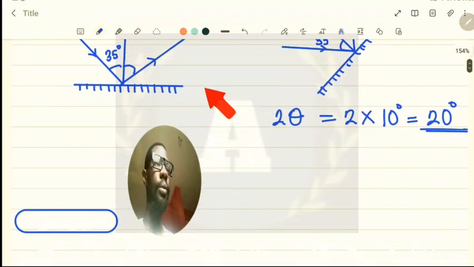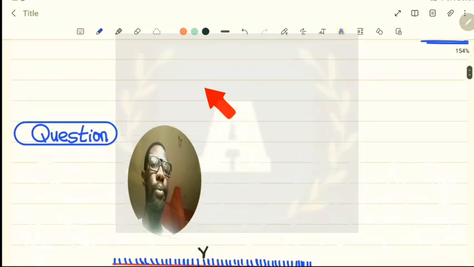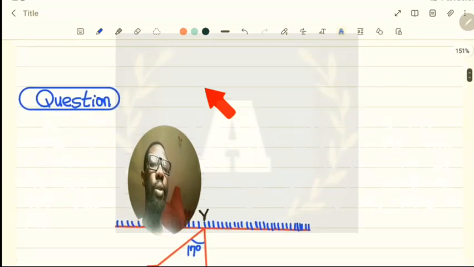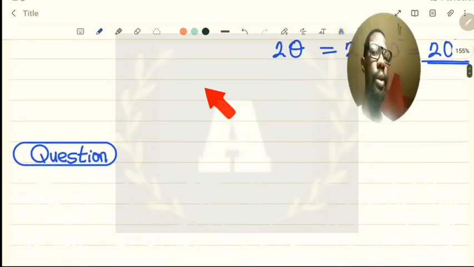So this is just one aspect of that concept. Now, in the second question, we have another question, and what does it say? The question has a diagram.